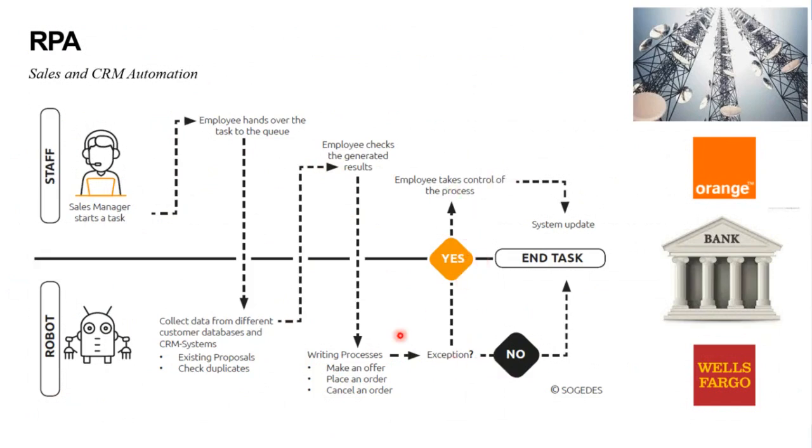There might be some exceptions, conditions where the sales manager has to check something. If it's an exception, then the human has to take over the process and make some changes before everything is done. If there's no exception, then the bot handles that process.